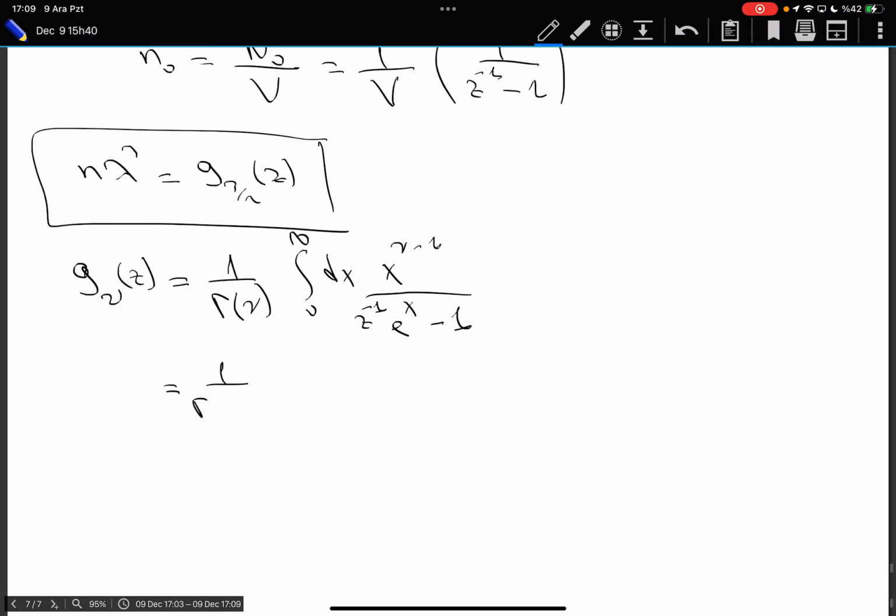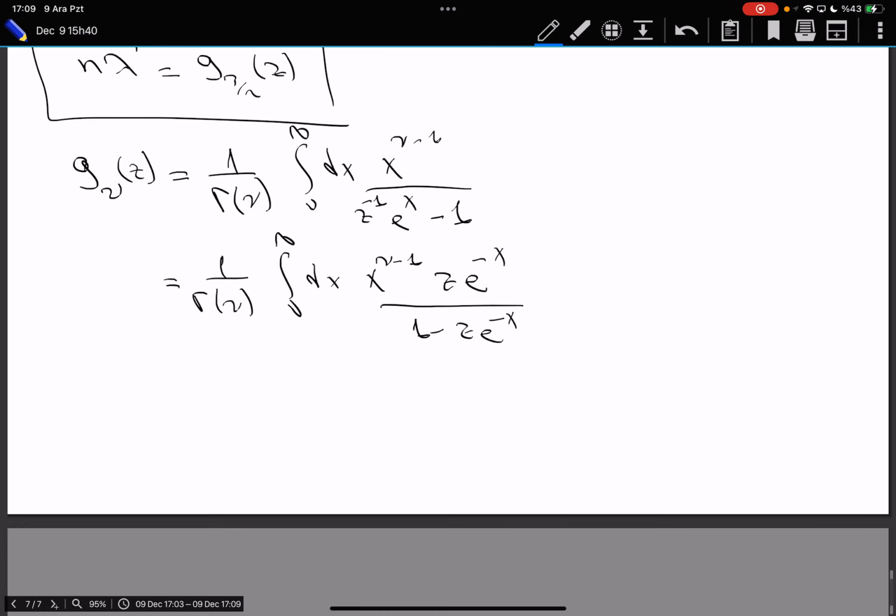So let me rewrite this. Let me multiply both the numerator and denominator by z e to the power minus x. Remember, z is a small number, close to 0. I'm looking for a Taylor expansion of this function around z equal to 0.